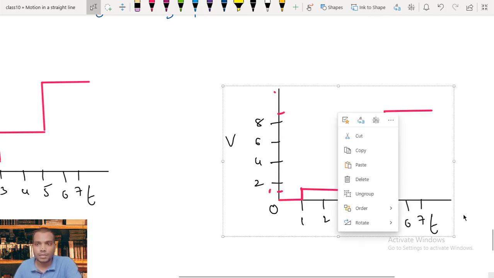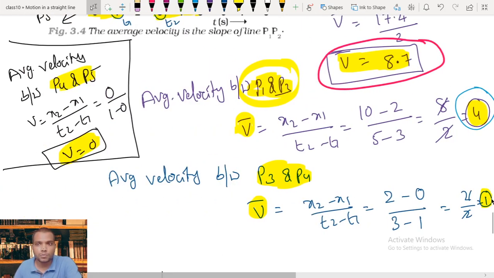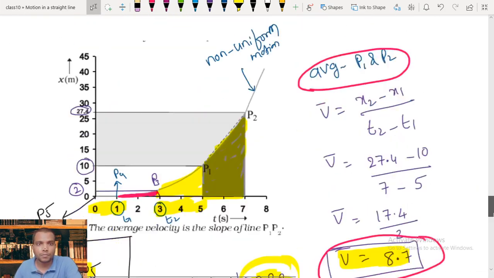So this is the velocity time graph, and this is the position versus time graph.